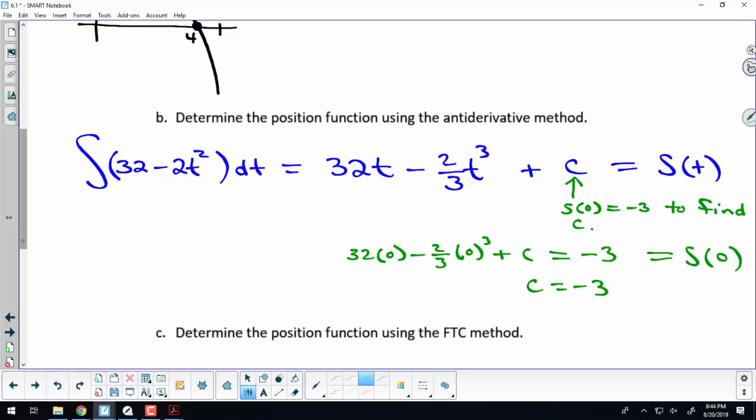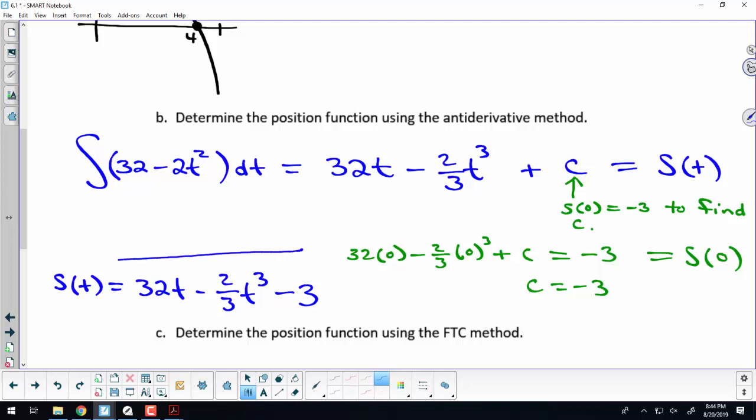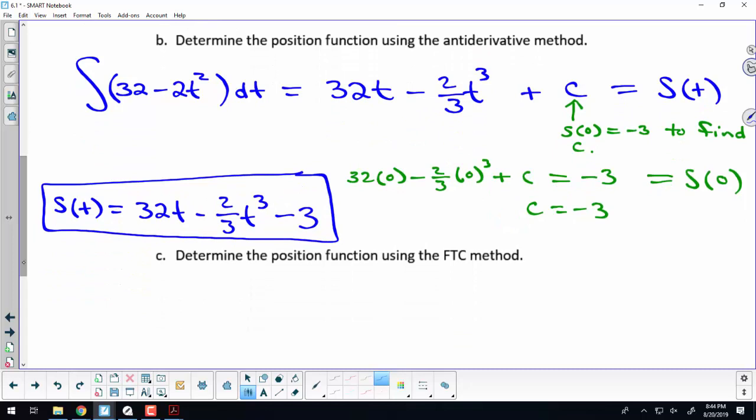So c equals -3. Therefore, the position function is what we had earlier, 32t minus 2/3 t cubed plus c, which was -3. Questions on that?